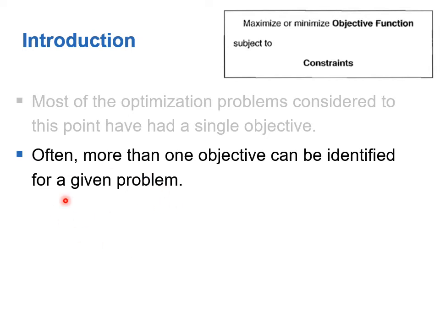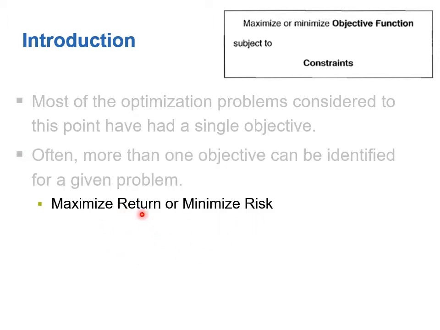For example, maximize the return or minimize the risk at the same time. Maximize profit and minimize pollution. So which one of these is the real objective? We want to try to do both of them. We want to achieve both of them at the same time.